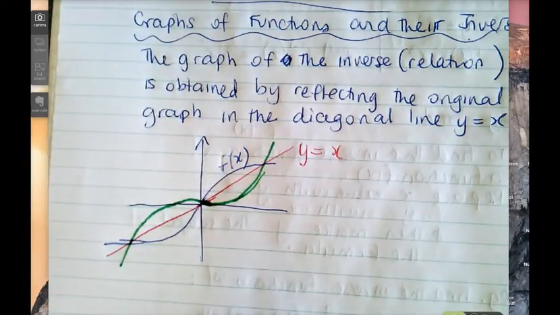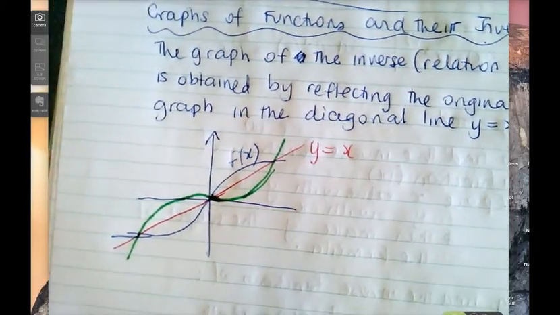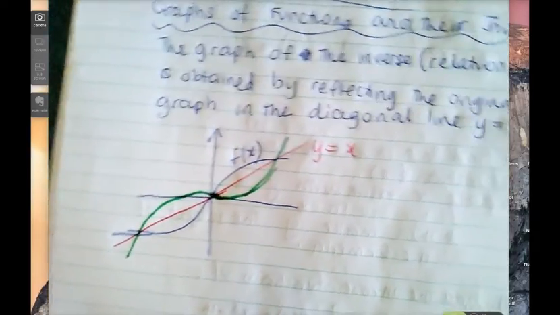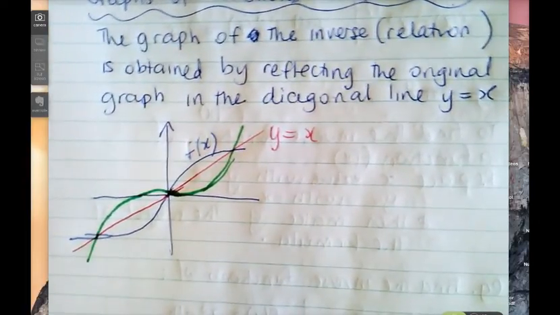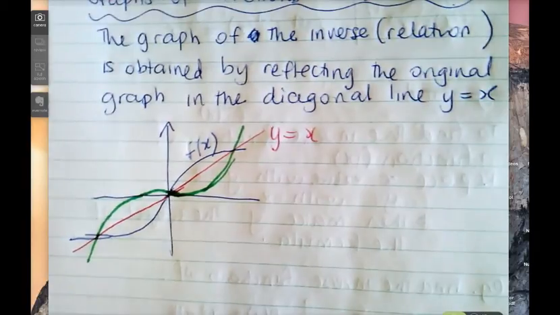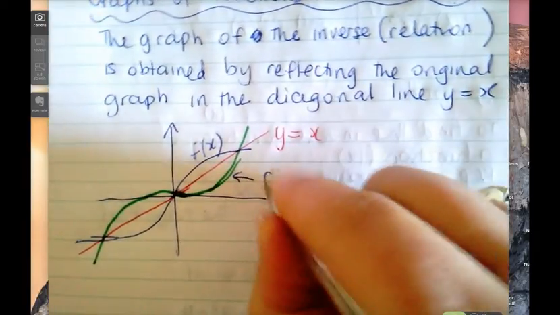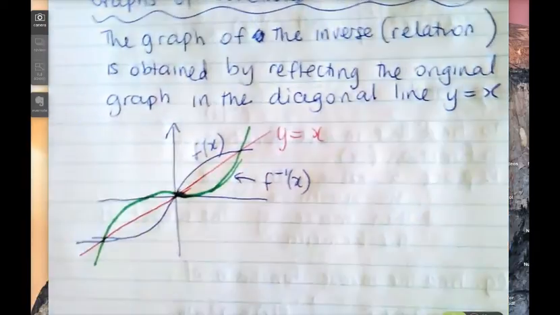Can you see? You got the idea? So the inverse function is the green one. Can you write on the green curve f to the minus 1 of x?